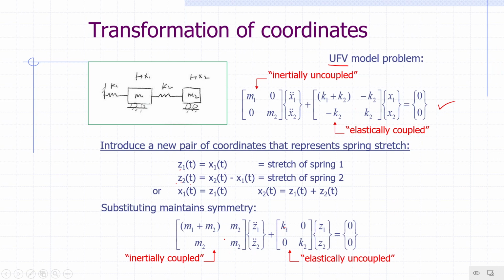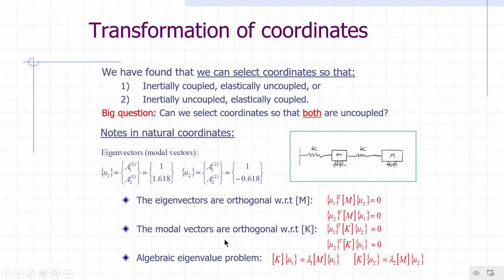That's why you have an uncoupled spring stiffness matrix. This is one way of transforming coordinates.